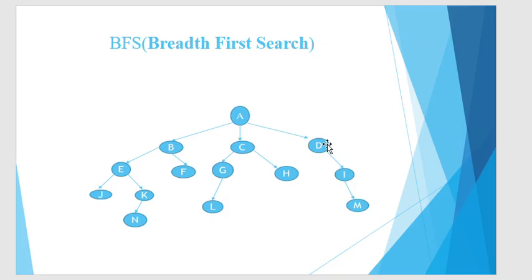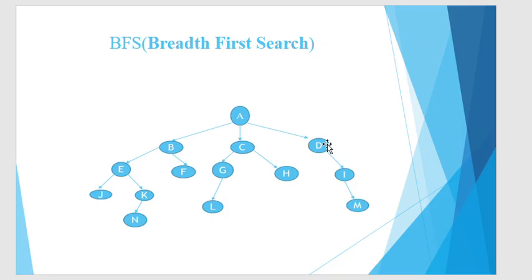So we removed A from the queue, and after we saw where A is taking us, how many places?